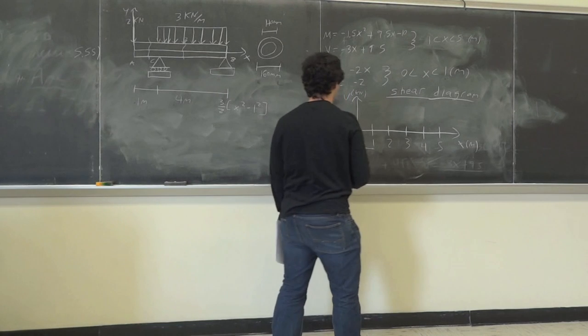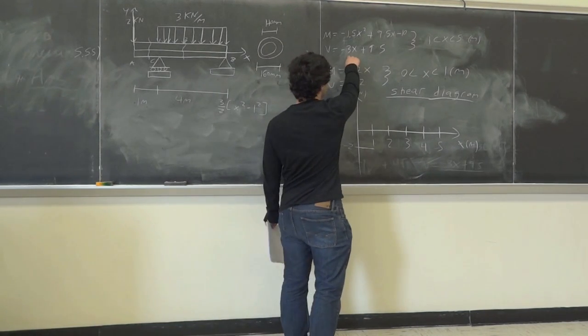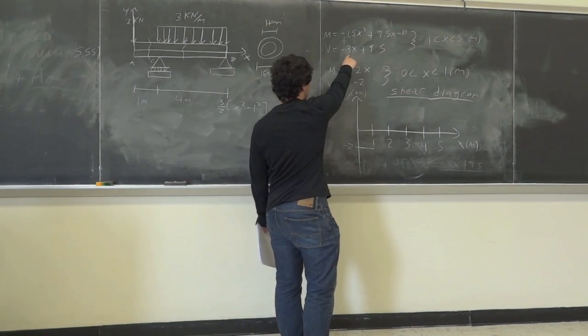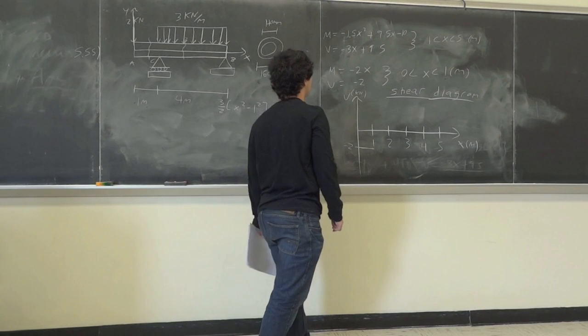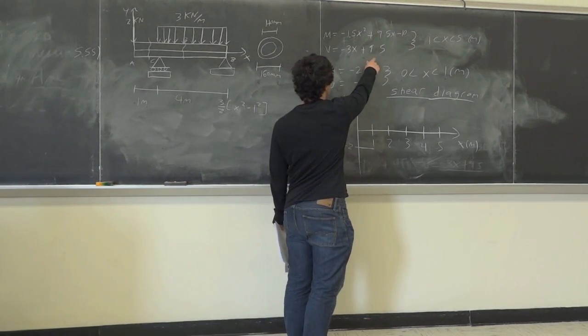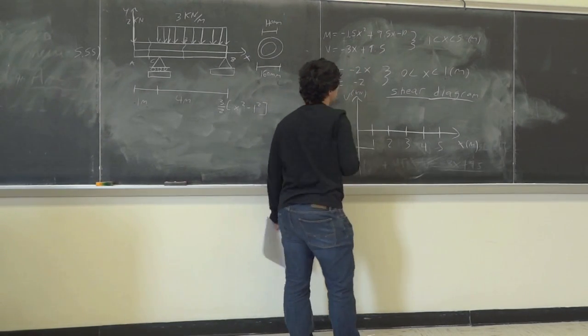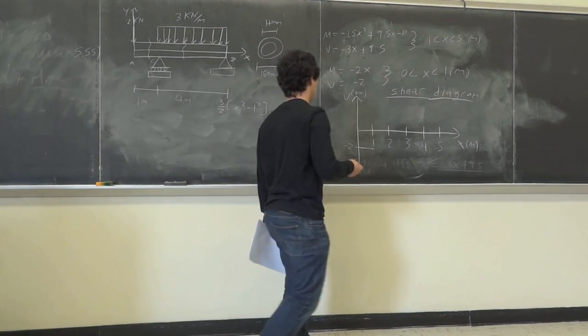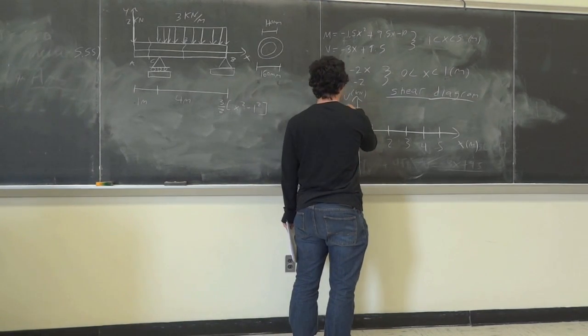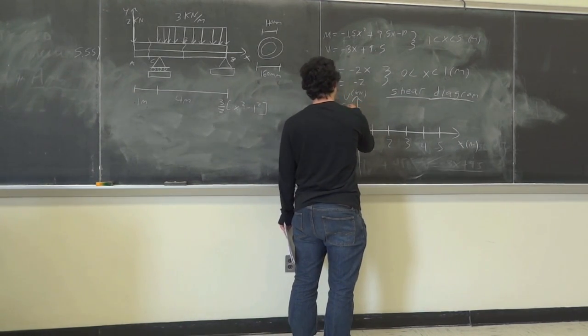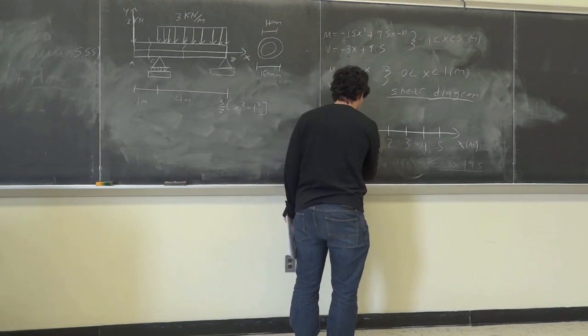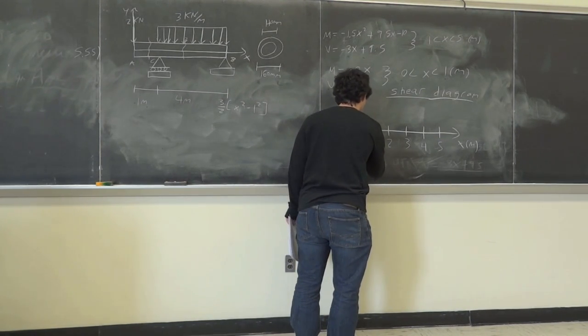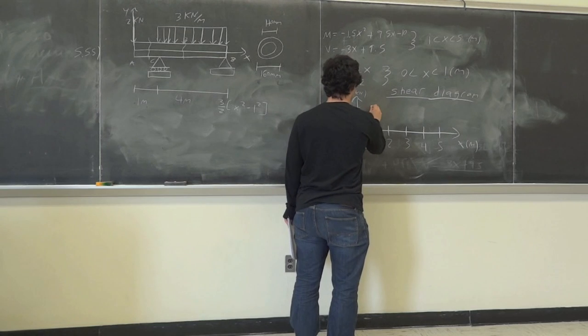But what happens at 1 from this shear? When x equals 1 over here, you have -3 plus 9.5, that's 6.5. So you're going to also have 6.5. This is positive, so it's 6.5. So it starts here and then it shoots straight up to 6.5.